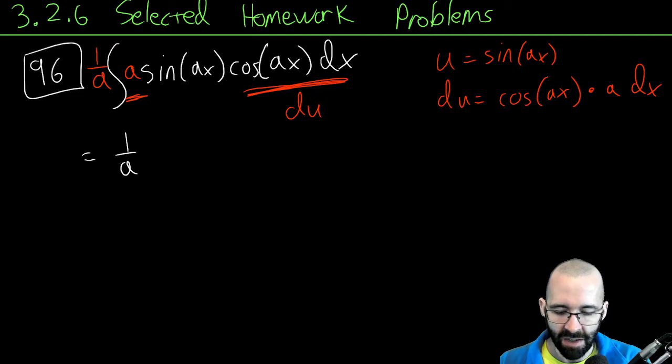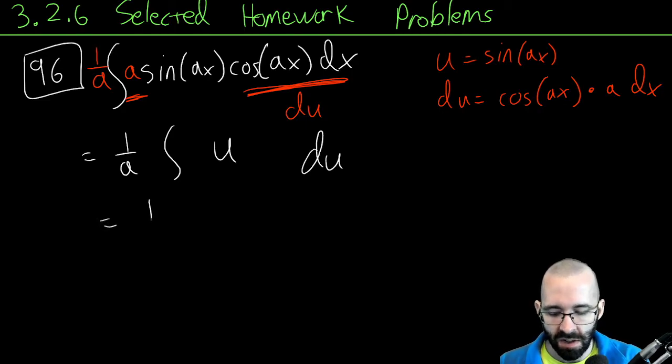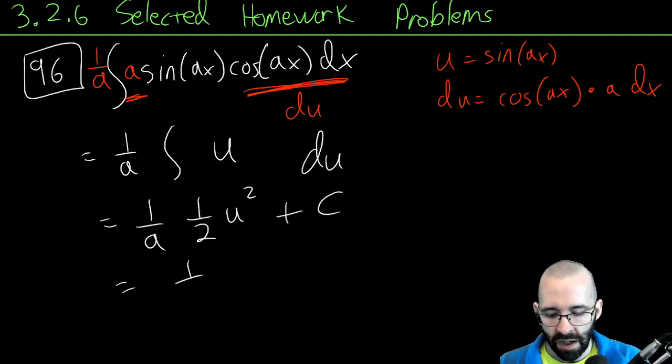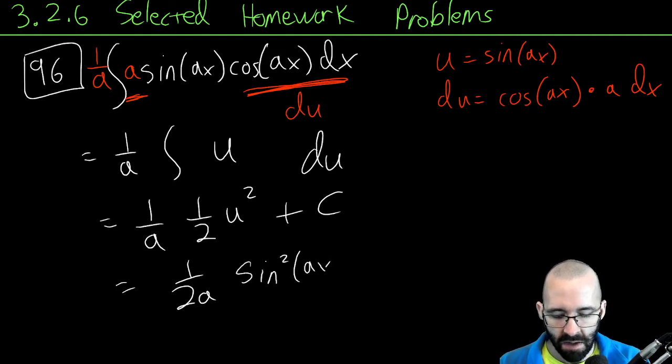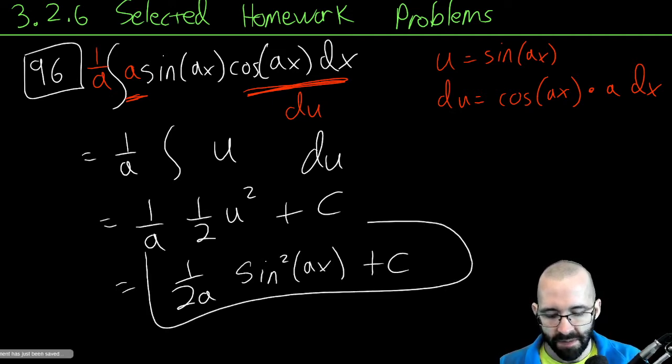Yeah, I thought this was going to be messier. And we get 1 over A times the integral of what's left over, just sine of AX, which is just U. The antiderivative of U is 1/2 U squared. We get 1 over 2A times U squared plus C. Nothing to it.